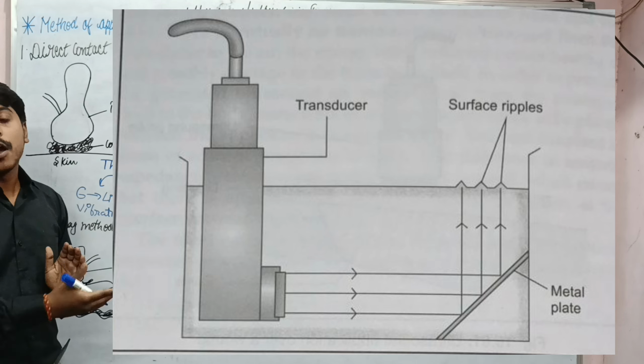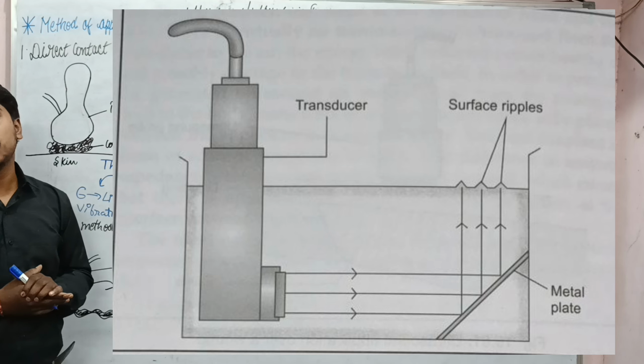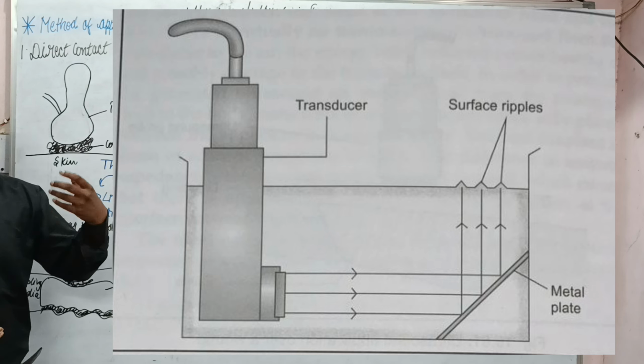The mirror is at 45 degrees so that it can reflect the ultrasound wave upward, which will produce ripples on the surface of the water. By this method we can test whether our ultrasound machine is working or not.